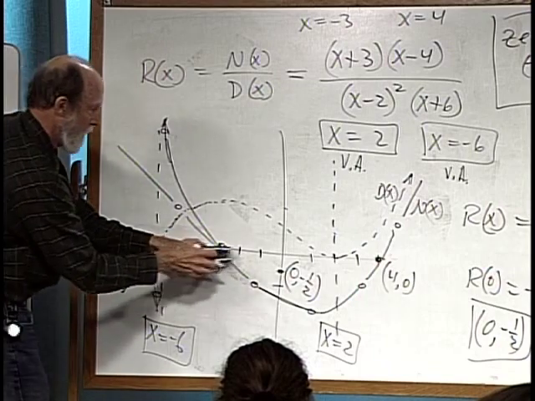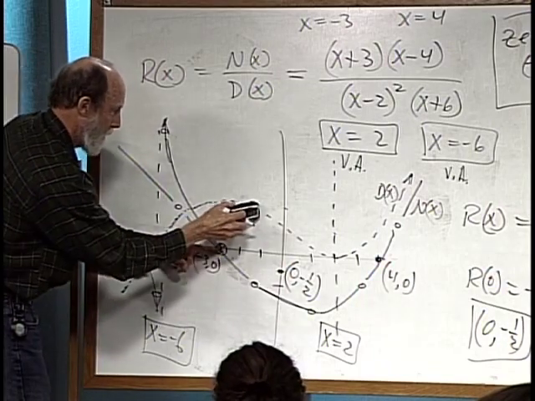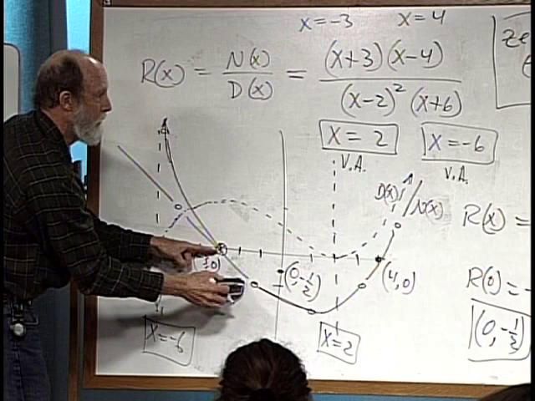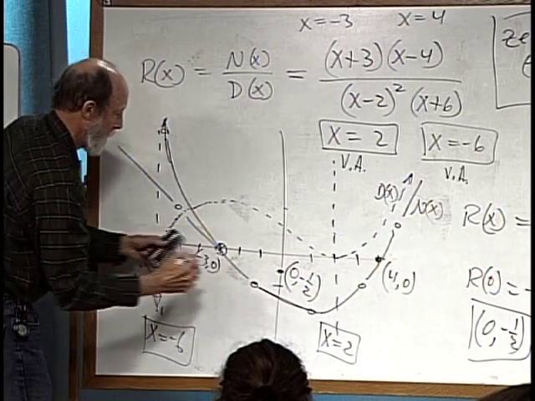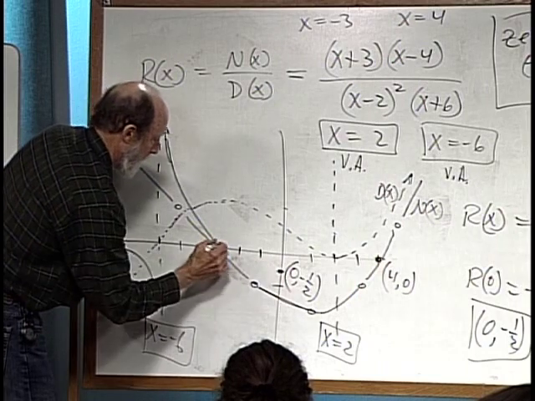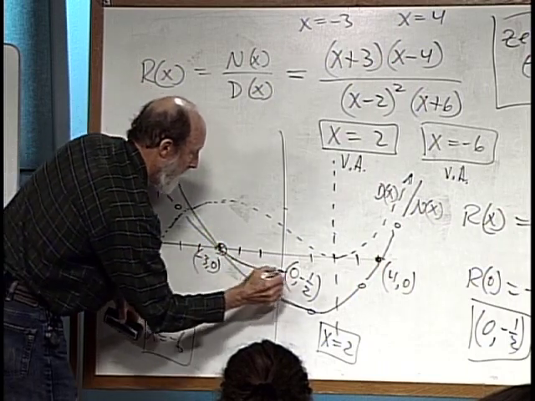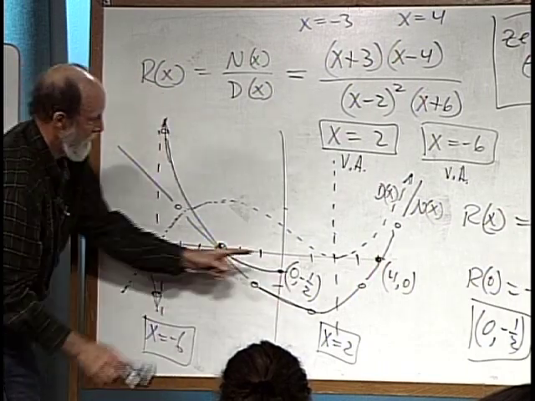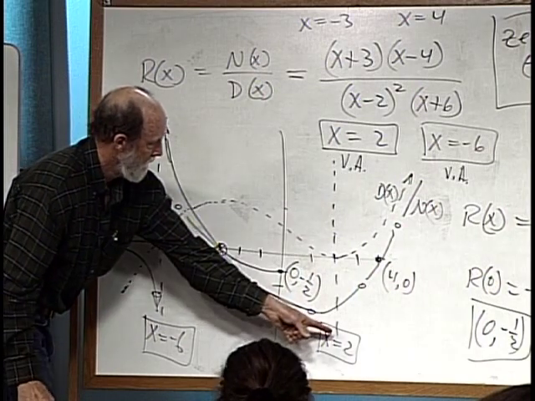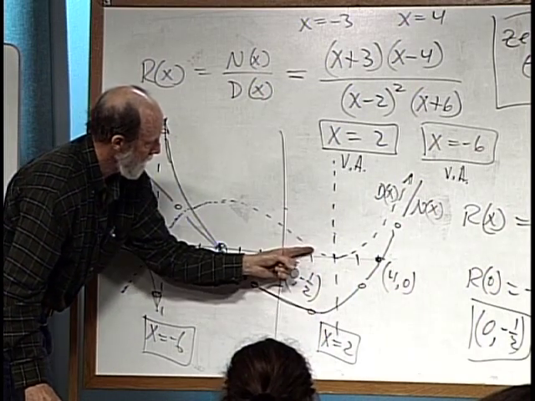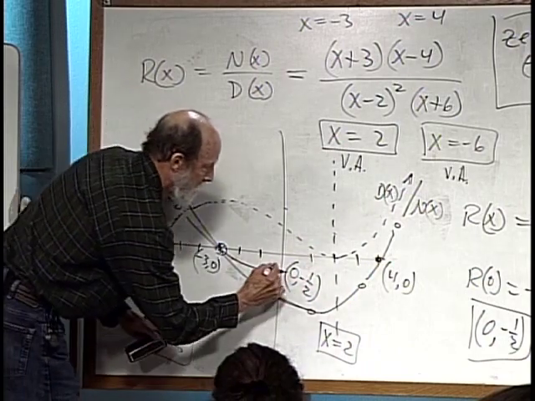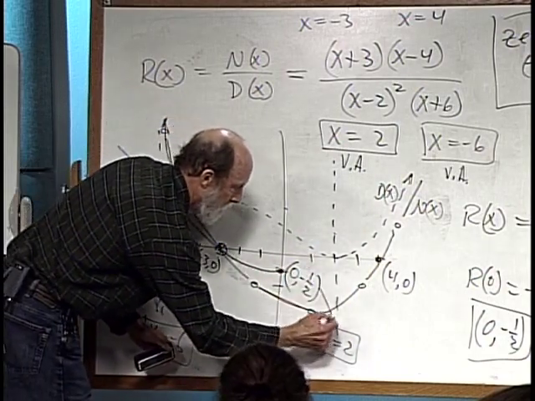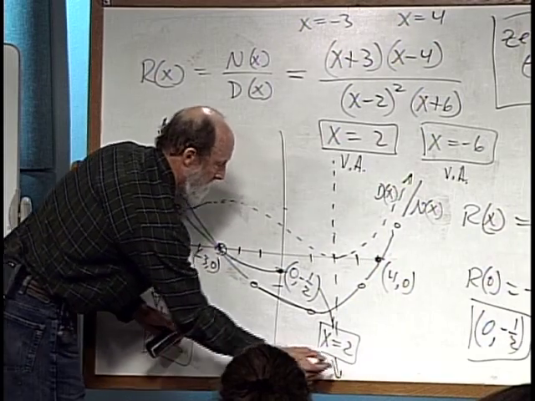And then in this region now, we've got positive readings divided by negatives, or vice versa. Negatives divided by positives are negative. And here's your y-intercept, folks. And so it has to do this. And then what? Here's a vertical asymptote. Negative divided by positive has to stay negative, doesn't it? Has to dive down there.